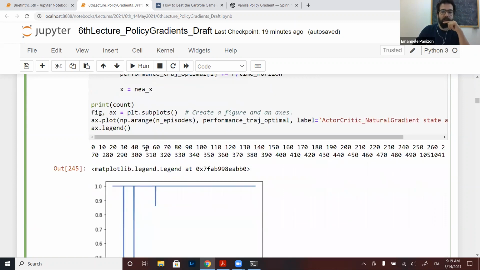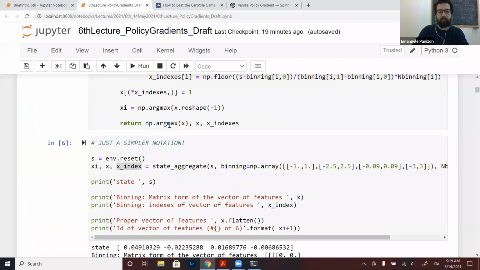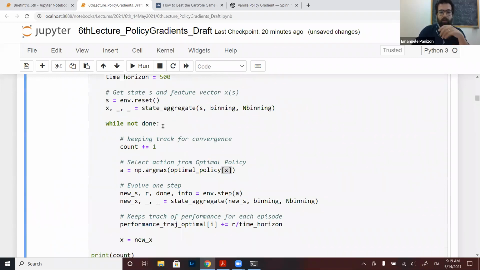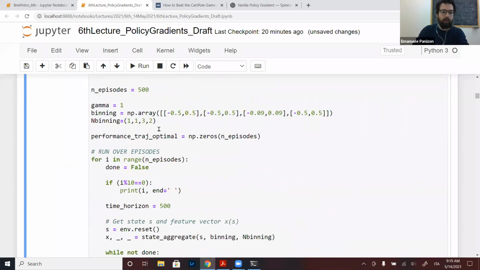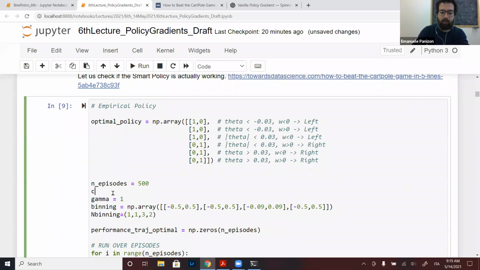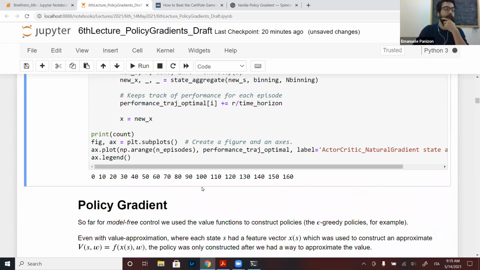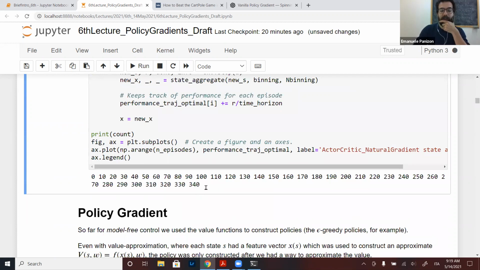There was a reason I already started them going, because they take some time.